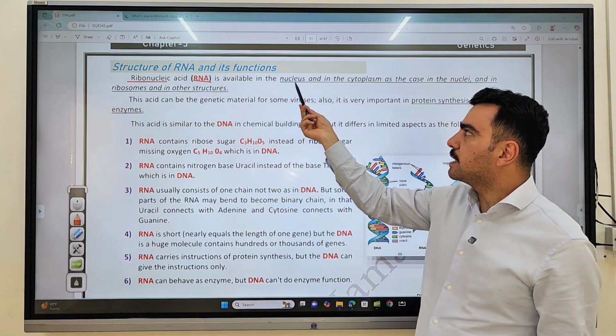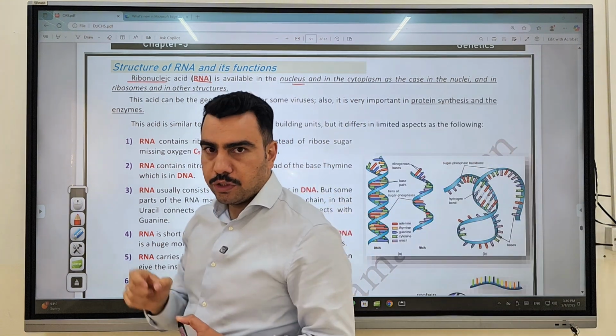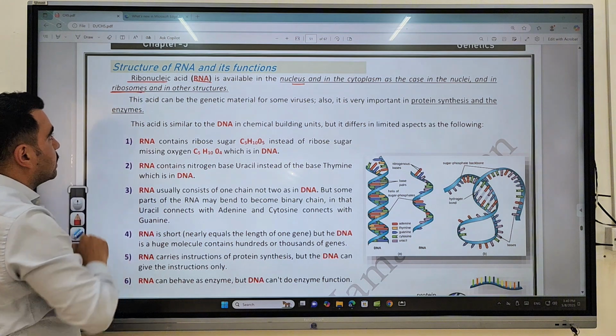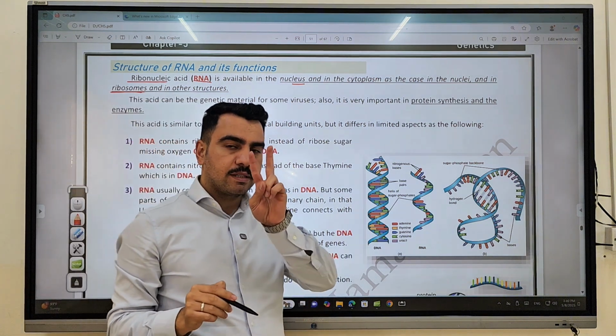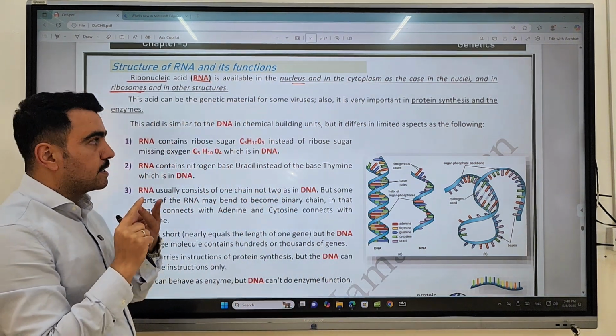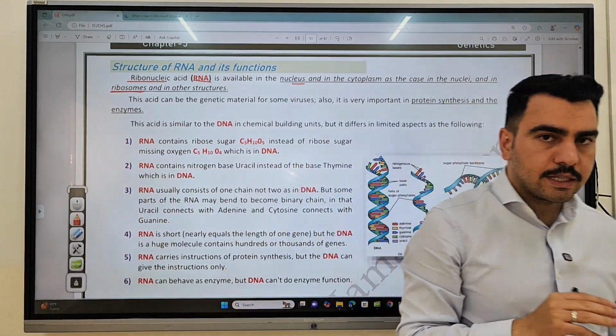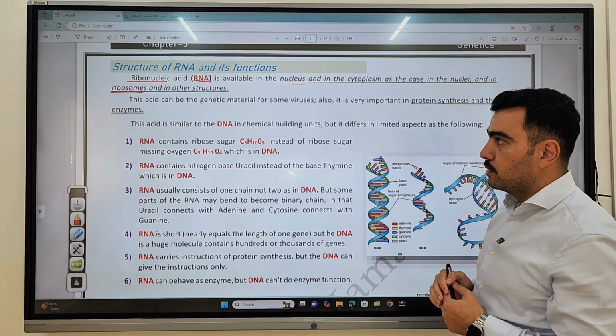It is available inside the nucleus and or the nucleolus inside the eukaryotic cell, and also found inside ribosomes. So in two locations we can see it. If they ask where is the location of RNA, you say in the nucleus and also on the ribosomes.